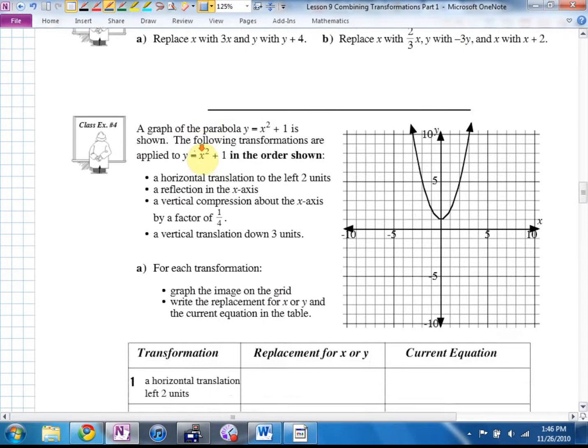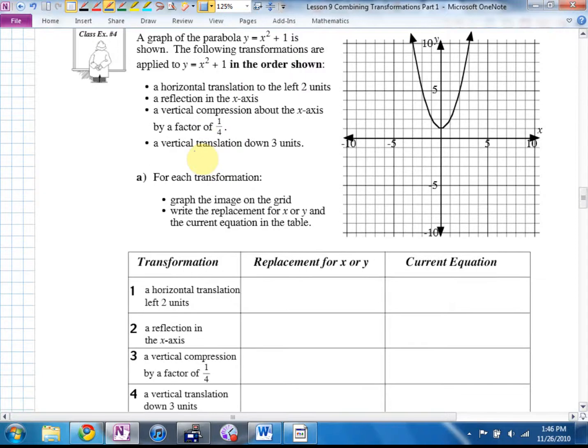Okay? It says, a graph of the parabola is shown. This is the parabola x squared plus 1. It says, do the transformations this time in the order shown, even though technically they're in the wrong order. I'm going to follow their instructions, Alex. So it says a horizontal translation to the left 2 units. What's the replacement that I would do for a horizontal translation to the left 2 units?